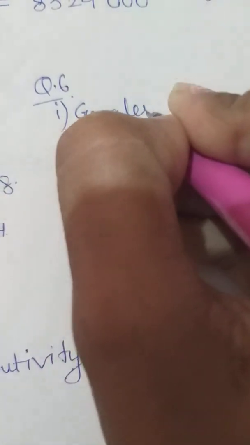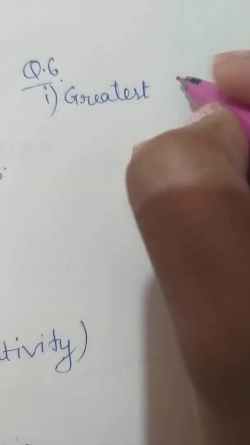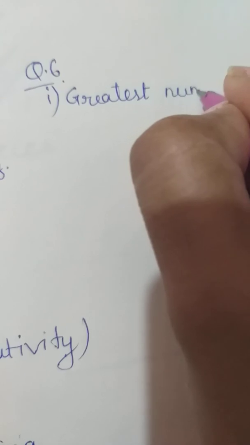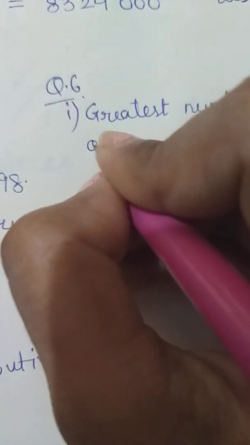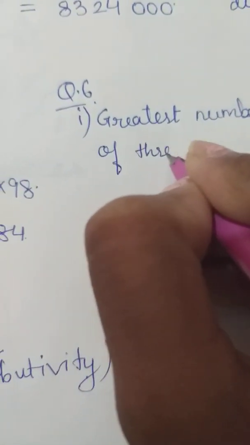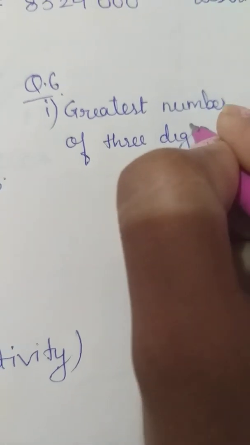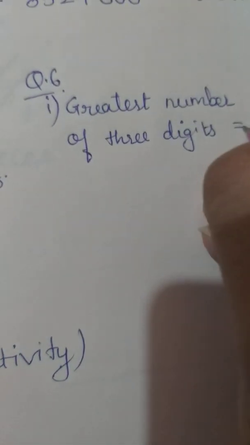Question number 6. First, the greatest number of 3 digits.